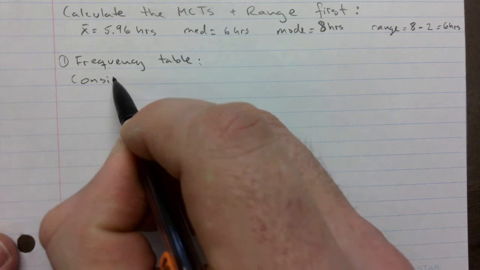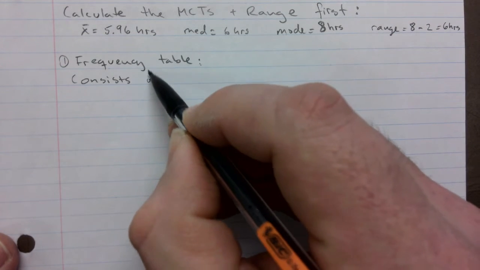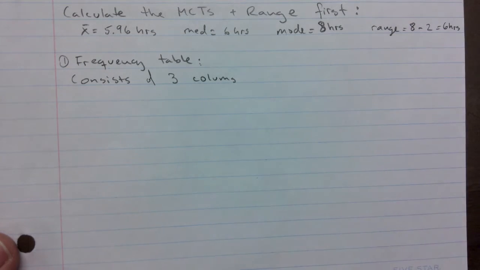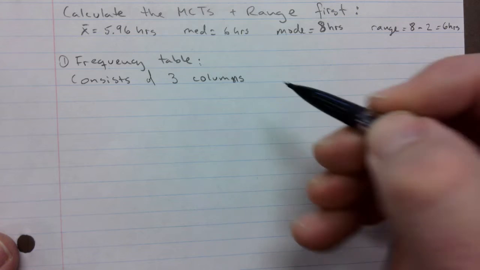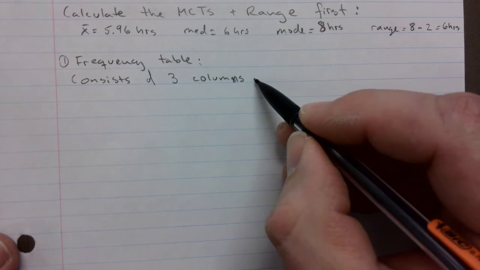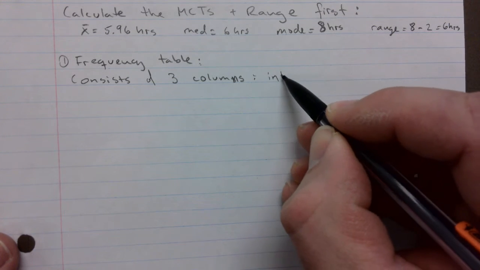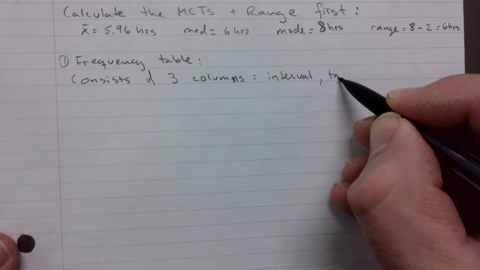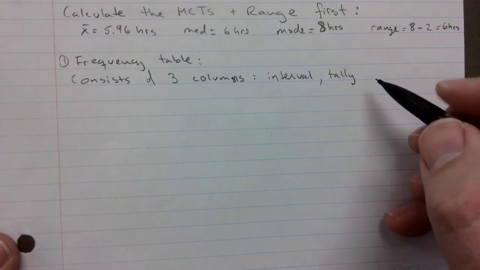A frequency table consists of 3 columns. And they would be interval, tally, and frequency.